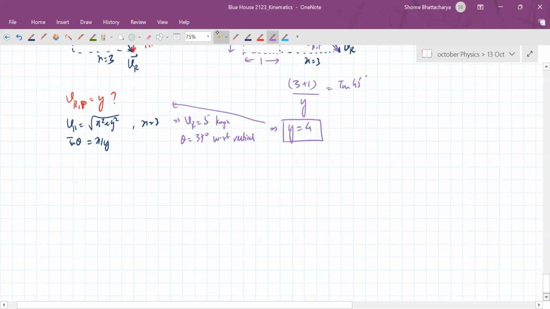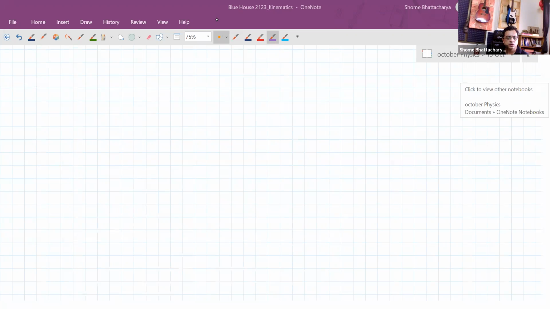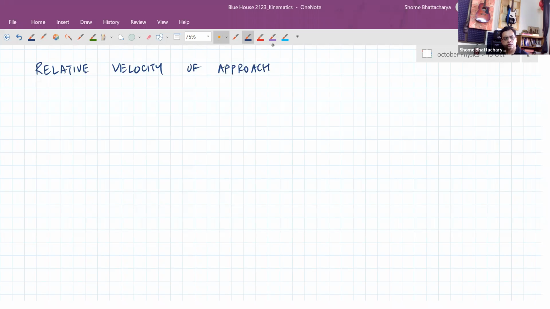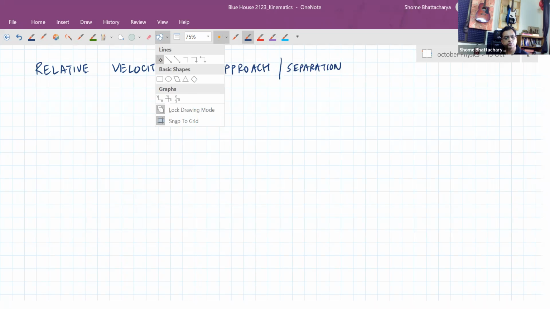Anyhow, there is one more concept related to relative motion we have to discuss before we can come to circular motion, which is our next chapter, and that is the concept of relative velocity of approach or separation, as may be the case, between two objects, between two moving bodies.